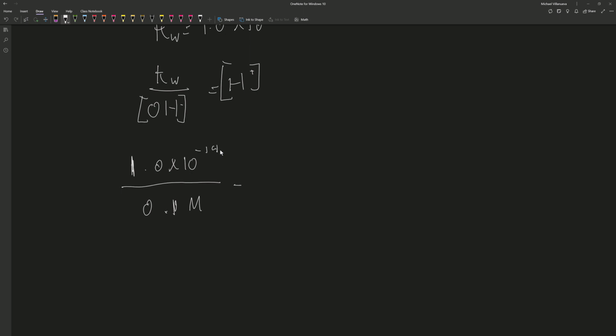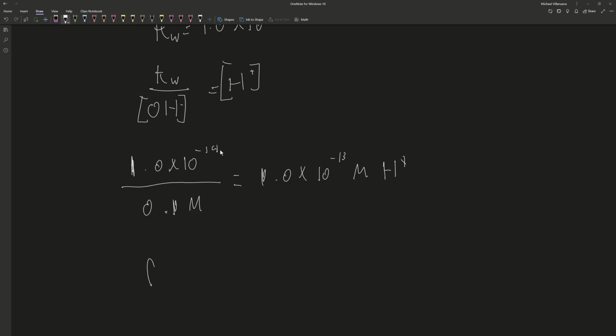And at this point, we just need to solve this, and this will give us 1.0 times 10 to the negative 13 molar H.